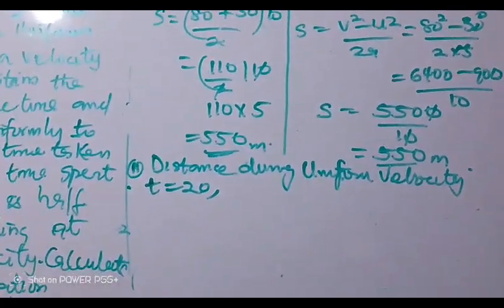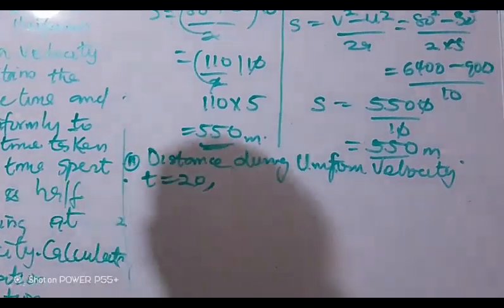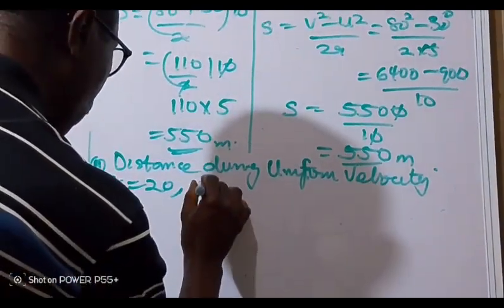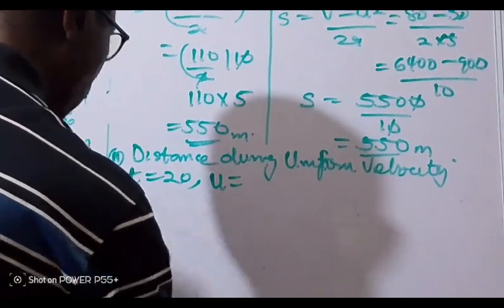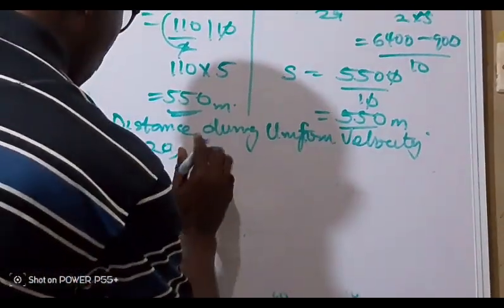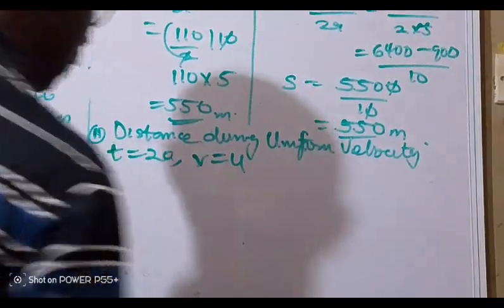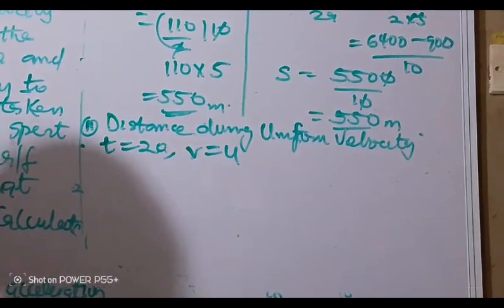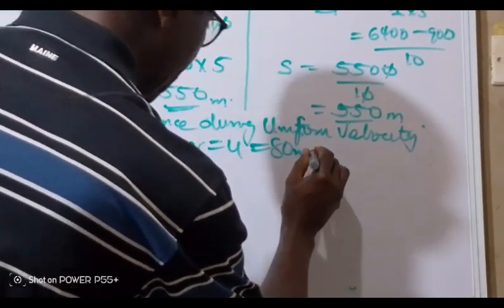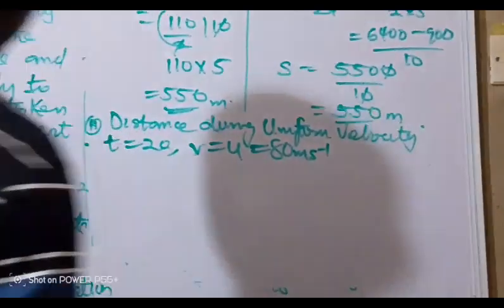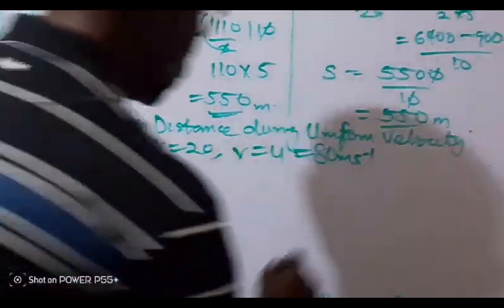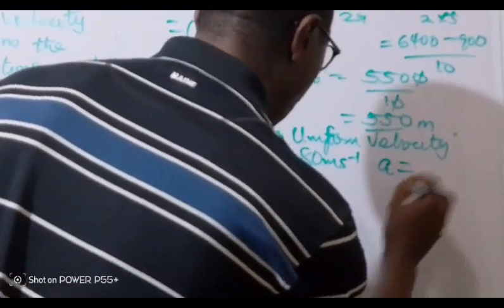The speed at that particular point, which will be our U: if you can still remember, during uniform velocity, our V will be equal to U. Don't forget that from our previous lesson. If that is the case, it will be equal to 80 meters per second. What else do we need? According to the theory, A at that particular point will be equal to 0.